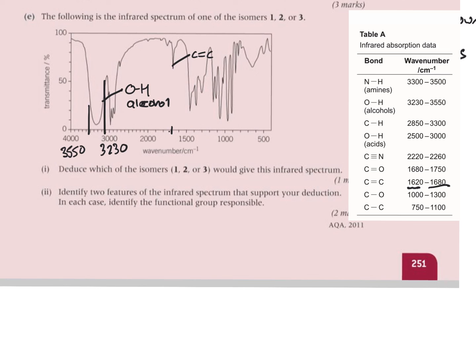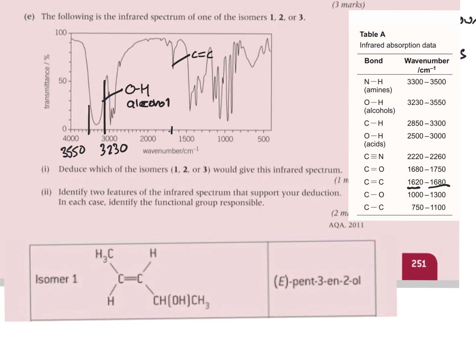And therefore, we have identified that it was in fact isomer 1. Let's remind ourselves of the structure of isomer 1. The group that's responsible for the OH at 3230 to 3550 is this OH group here. This very small peak at 1620 to 1680 is due to the alkene group.